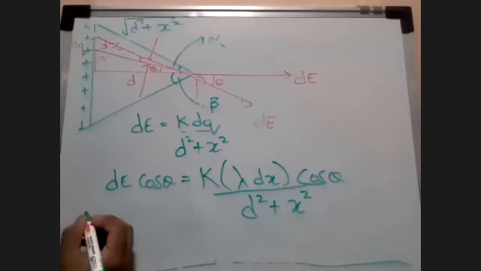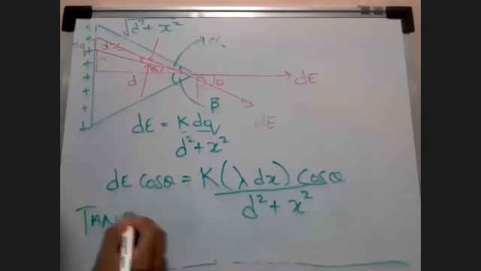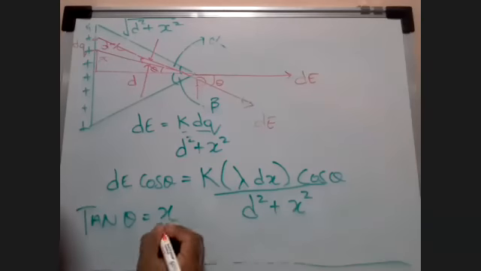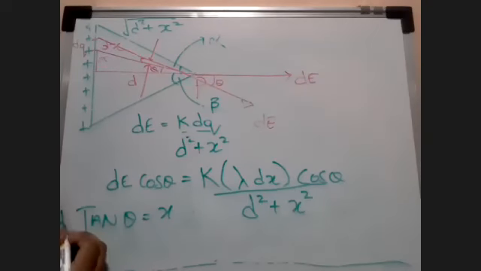Let's write it here. Tan theta is equal to x by d, and so x is equal to d tan theta.